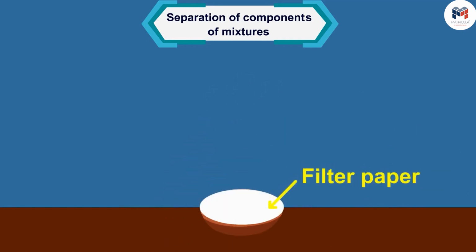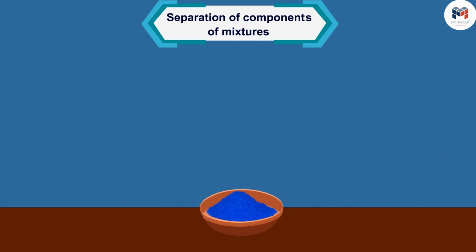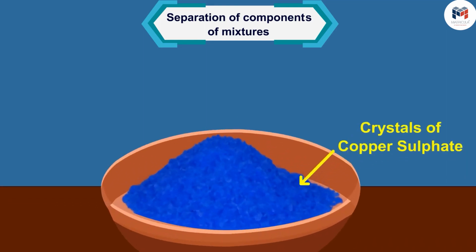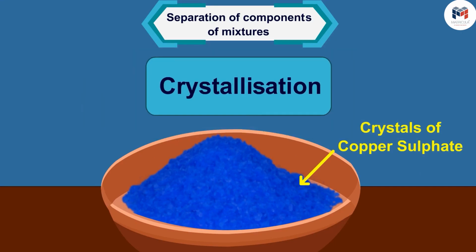Cover the solution with a filter paper and leave it undisturbed at room temperature to cool throughout the day. What do you see? We can see that there are crystals of copper sulfate in the ceramic cup. This process is called crystallization.